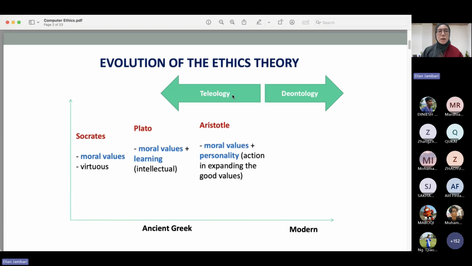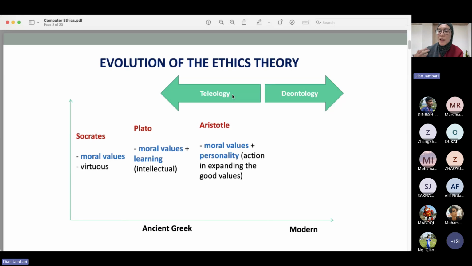Whatever the formalization of ethics, we should refer to moral values plus learning, or moral values plus personality. Whatever that reference is, it is not something that we as members of the modern community can immediately refer to or comprehend easily and straightforwardly. And so the evolution of ethics in modern times has shifted into the theory of deontology.